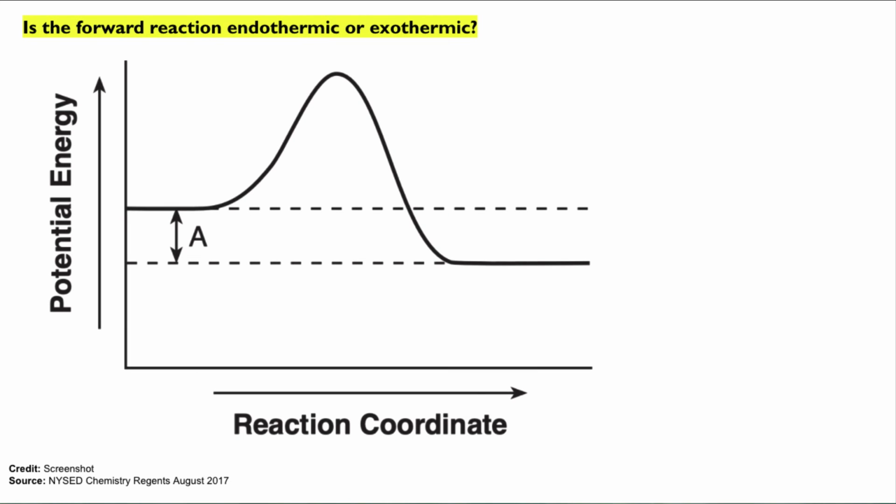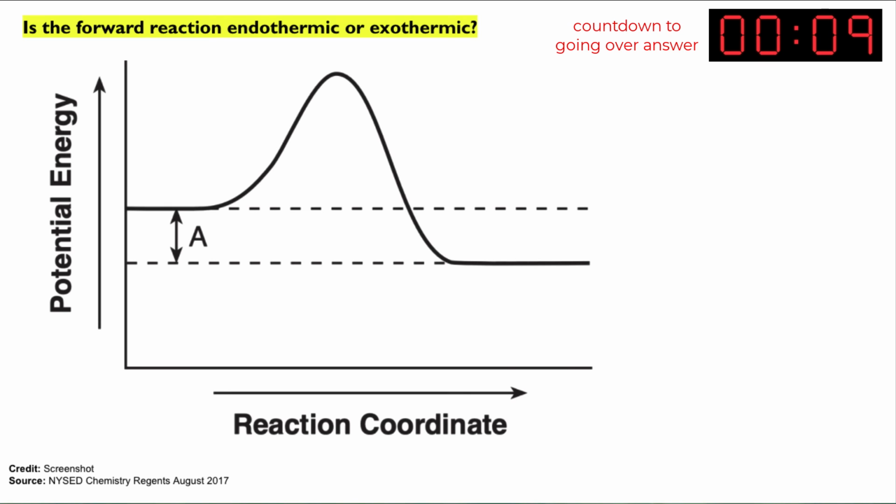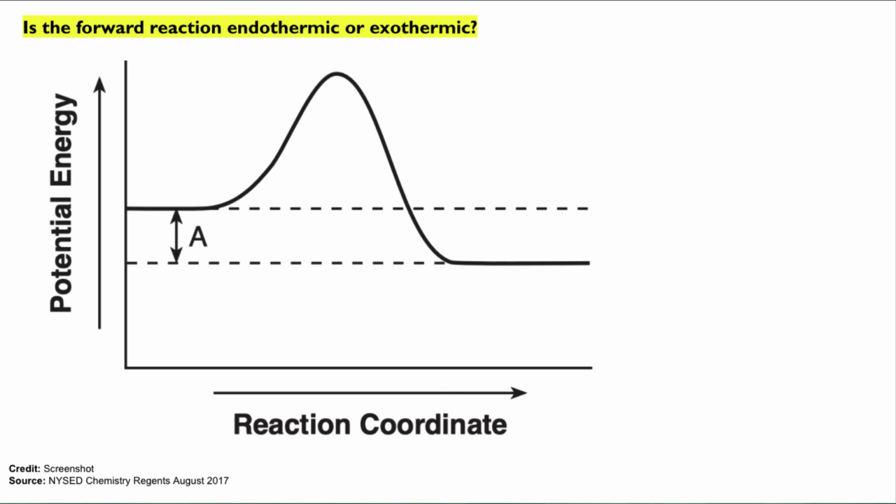And now for some quick practice. Decide, is the forward reaction of this reaction coordinate diagram endothermic or exothermic? This reaction would be exothermic. The reactants have less potential energy than the products.